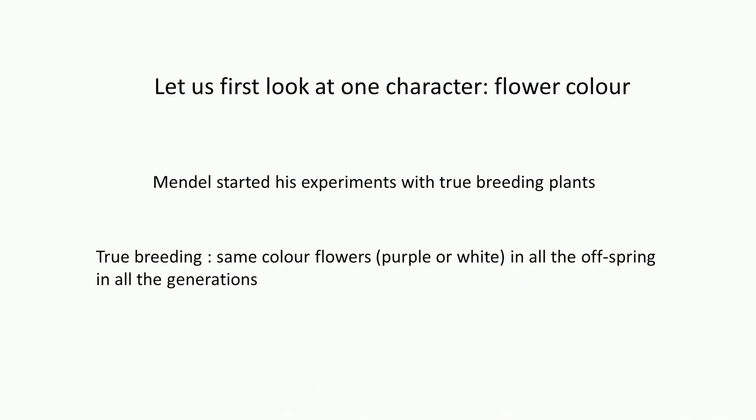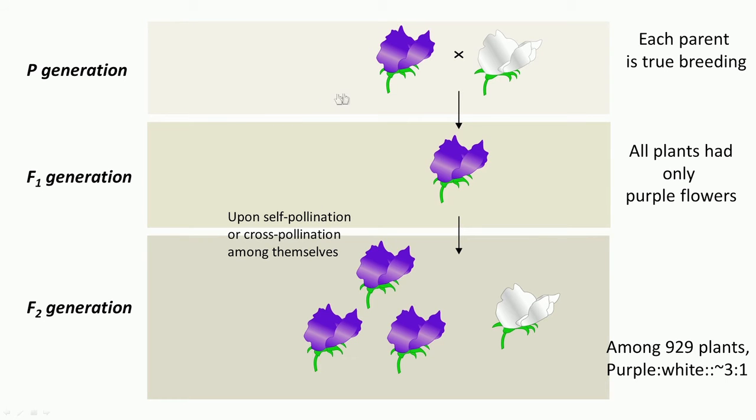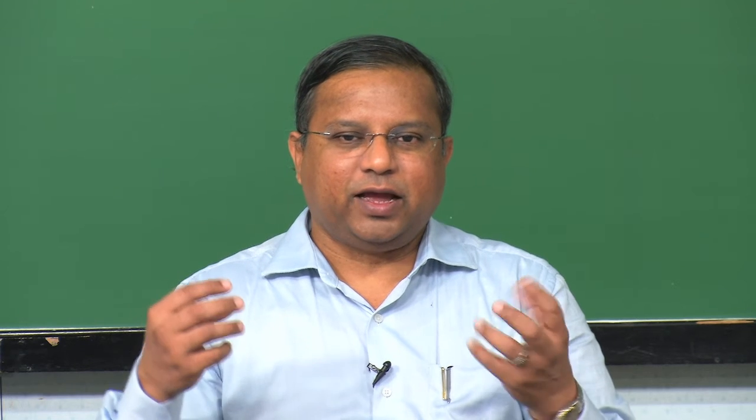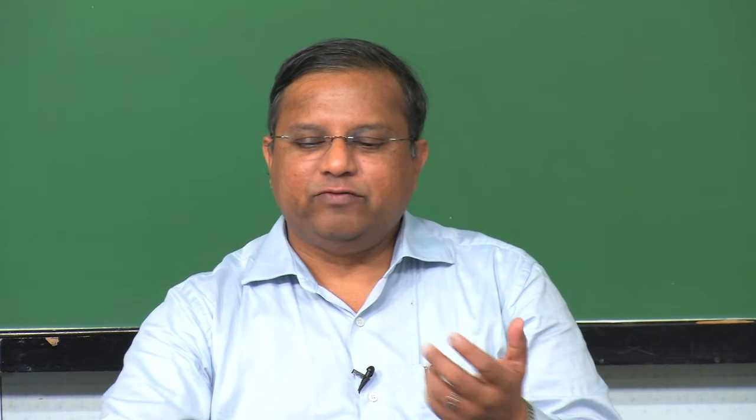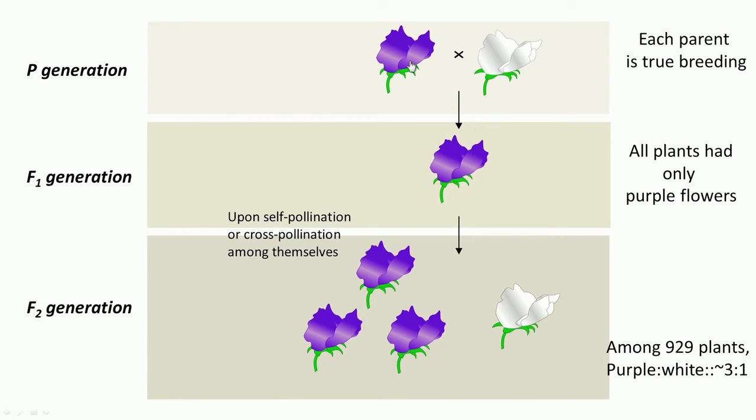So, he started out with true breeding plants, the ones that yielded purple color flowers and the ones that yielded white color flowers, and he crossed them with each other. The pollen and the female part of the plant were made to interact in different ways, and this cross resulted in a purple flower in all the plants of the first generation.